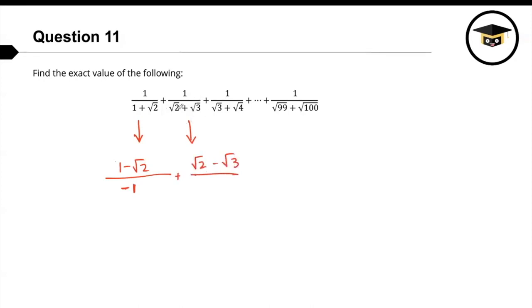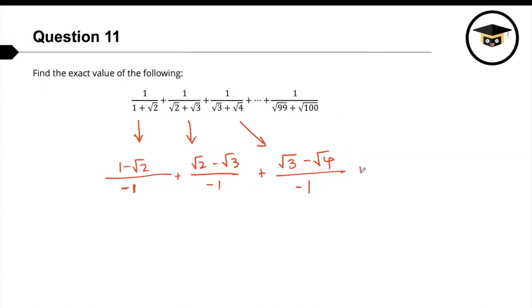And the denominator, well, I'm going to be getting root 2 squared minus root 3 squared, which is 2 minus 3, which is also negative 1. So you can see how already I've got common denominators. If I keep going here, I'm going to be ending up with root 3 minus root 4, because that's the conjugate of root 3 plus root 4. And the denominator will also be negative 1. You can figure that out, but it will work.